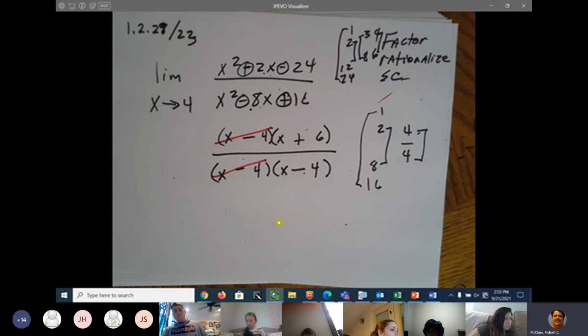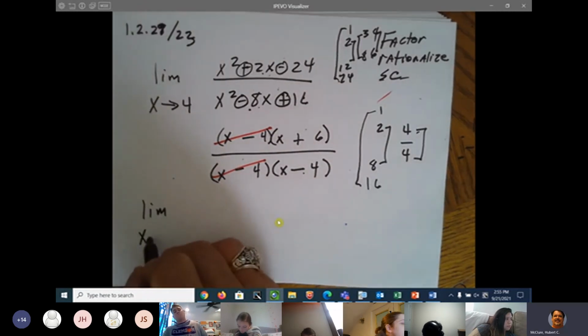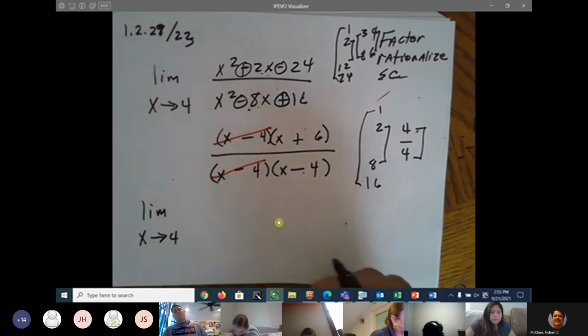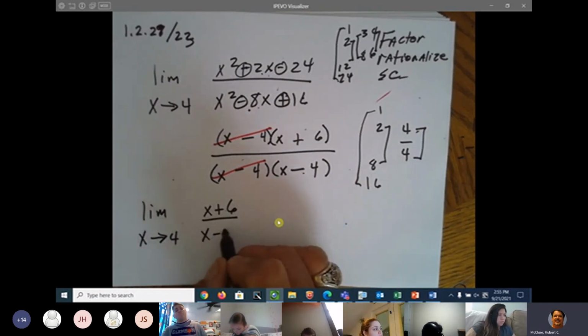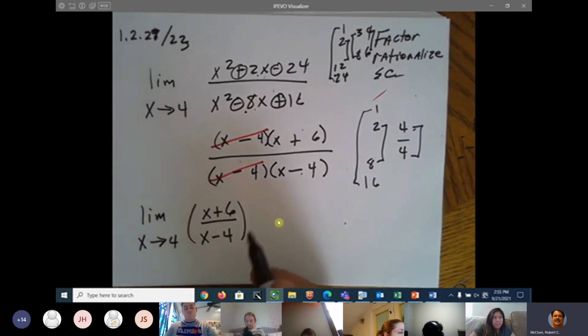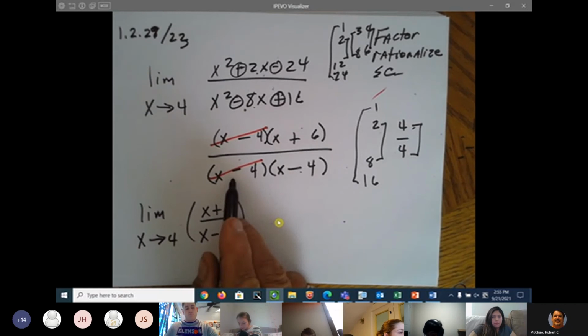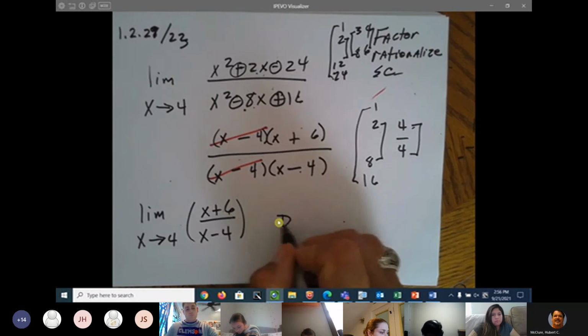That's going to give us the limit as x approaches 4 of x plus 6 over x minus 4. We're still going to get it undefined because that doesn't cancel out. So we're going to say the limit doesn't exist.